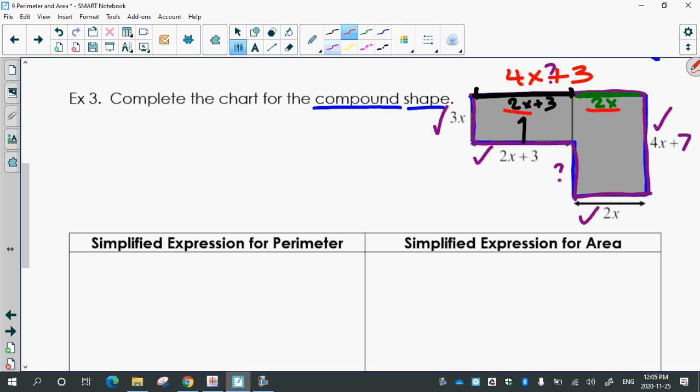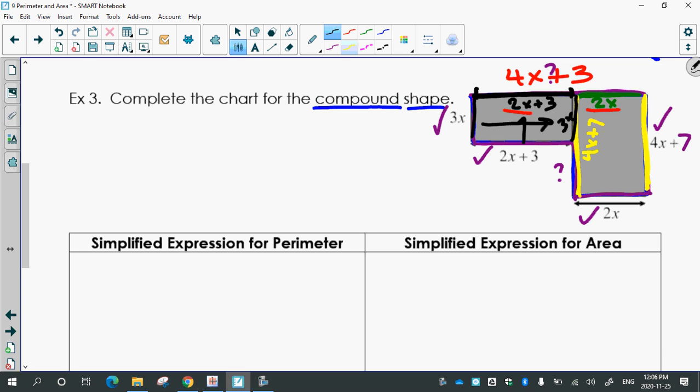How about this one? So I'm running out of colors here. I know this whole big side is 4x plus 7. So this whole big side here is 4x plus 7. Does that make sense? So the whole thing is 4x plus 7. This much is 3x, because it just transfers over.